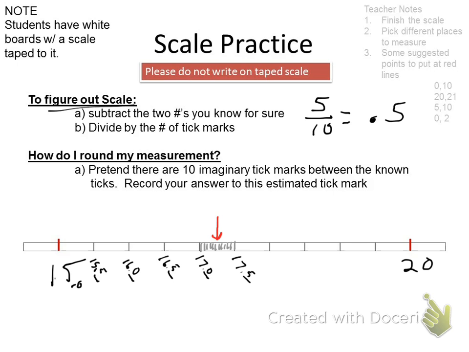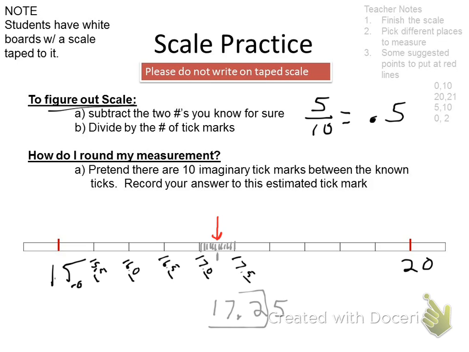So, just using common sense, what's between 17.0 and 17.5? Well, somewhere between 17.2 and 17.3 would be this area right here. It looks like it's about exactly in the middle to me, so I would call this 17.25.